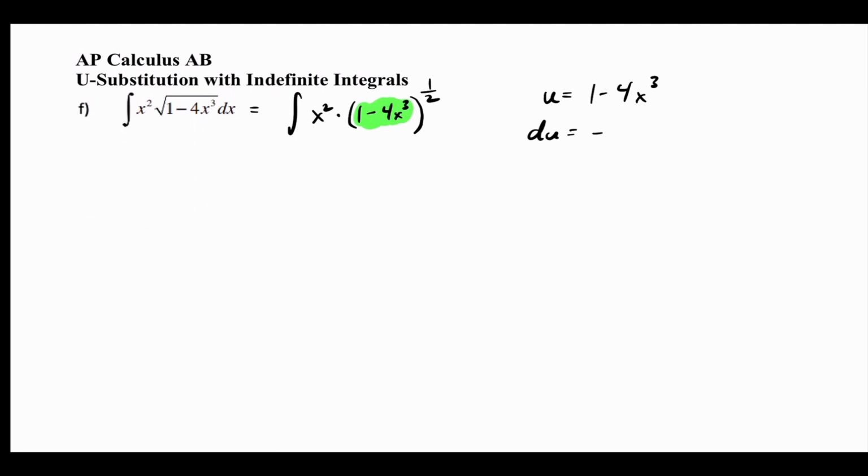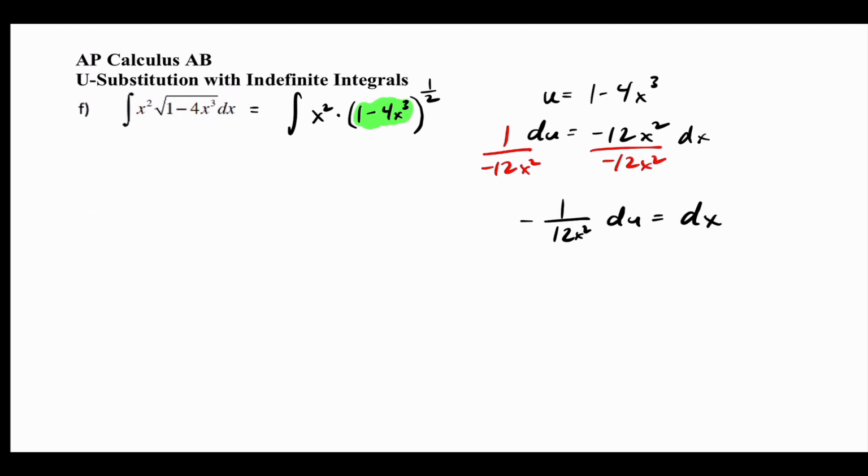The derivative of that is negative 12x squared dx. Divide by negative 12x squared. I get negative 1/12x squared du equals dx.